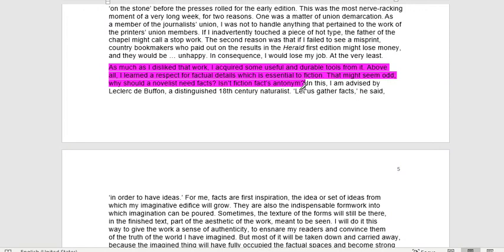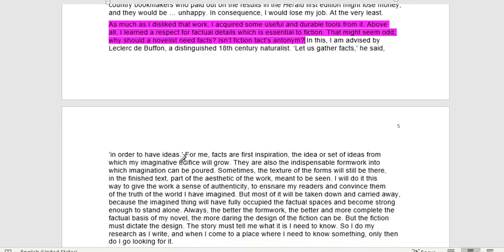Then she gives us this nice little hypophora, I think, because she poses this idea. She gives us another intertextual reference by Leclerc de Buffon, a distinguished 18th century naturalist, where he says, let us gather facts in order to have ideas. So for me, facts are first inspiration.